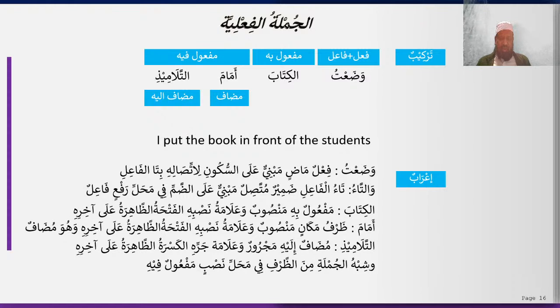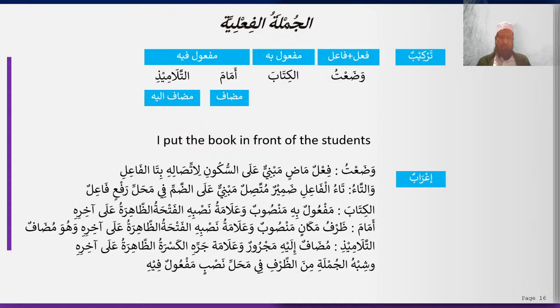And what is the sign of being a مجرور? We have two signs, الكسرة and الياء, but this one is الكسرة الظاهرة. It is apparent, it is visible, you can see it at the end على آخره. And this مضاف and مضاف إليه, because أمام is a ظرف, it becomes a شبه الجملة. وشبه الجملة من الظرف في محل نصب مفعول فيه.